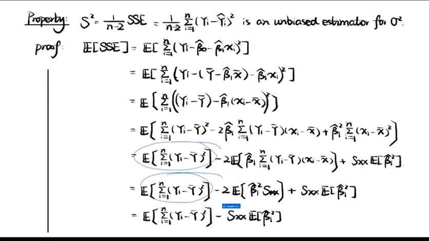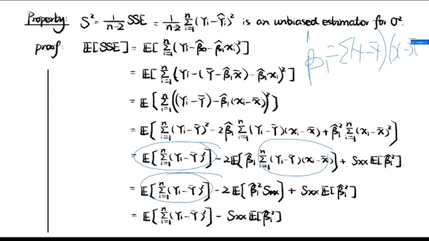So the next thing we're going to do now, so this guy is this guy. And of course, when you take a look at this guy here, remember that beta 1 cap is summation y minus y bar x minus x bar divided by summation x minus x bar all squared.